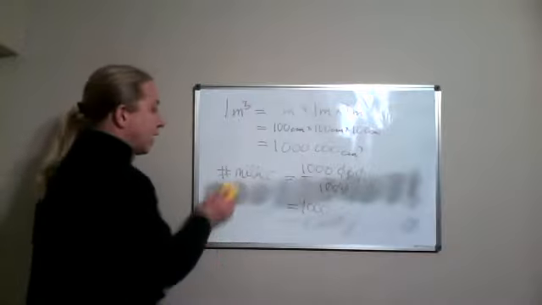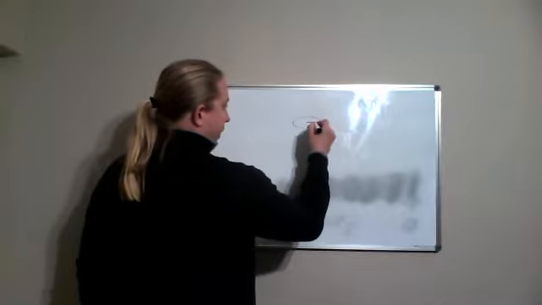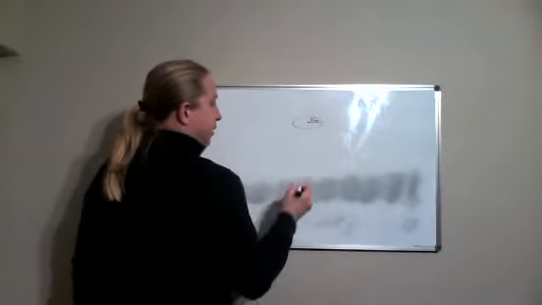So let's look at the worked example on page 170. So it says calculate the volume of a cylinder on a base with a radius of 3 centimeters and a height of 5 centimeters. All right, so they say there's a cylinder with a base of 3 centimeters radius. So this is 3 centimeters.